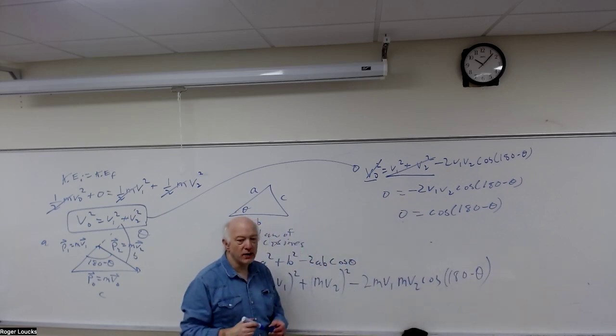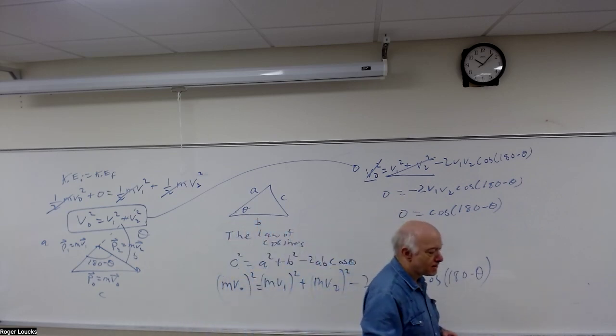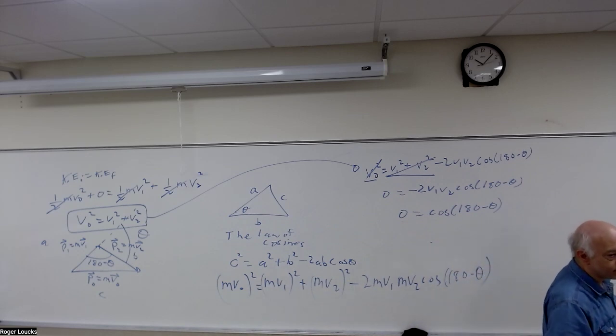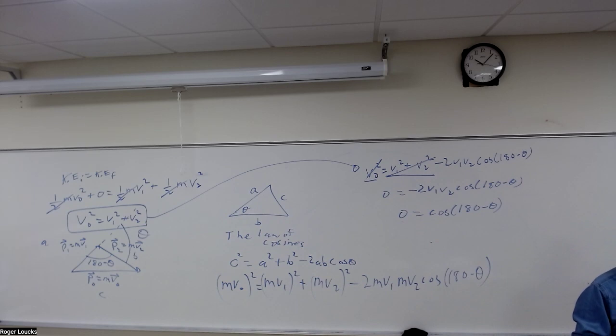What is the cosine of 180 minus theta? If you take a cosine and shift it by 180 degrees, you get a minus cosine.